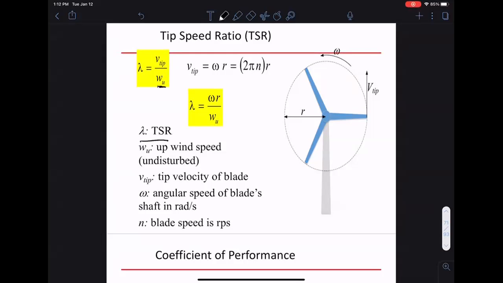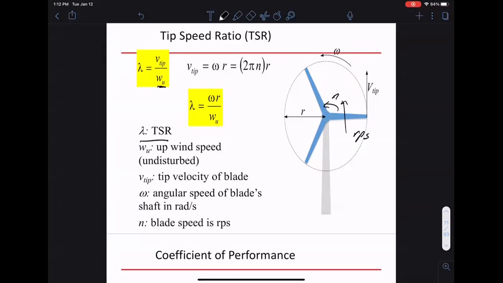And it turns out that we talk about lambda because the speed of the tip of the blade is relatively simple to compute, because we know the rotation frequency. We know this n, in rotations per second.